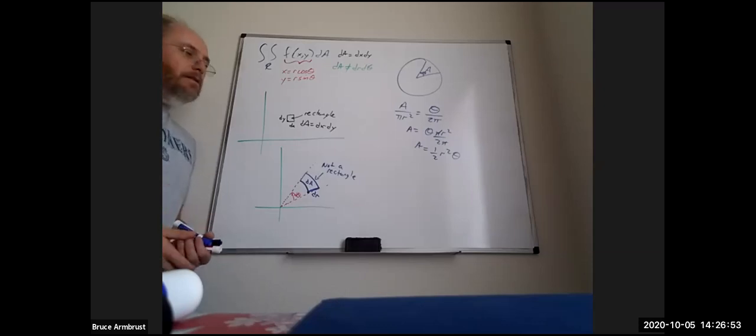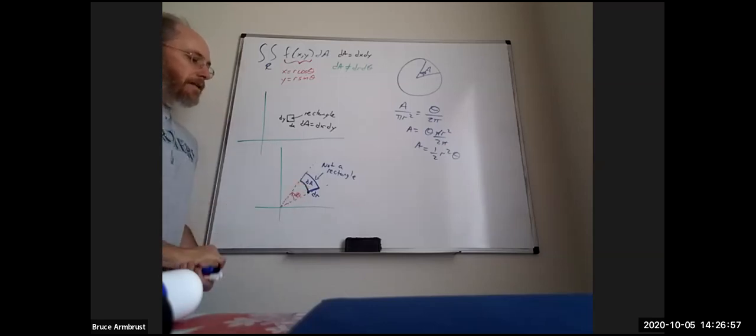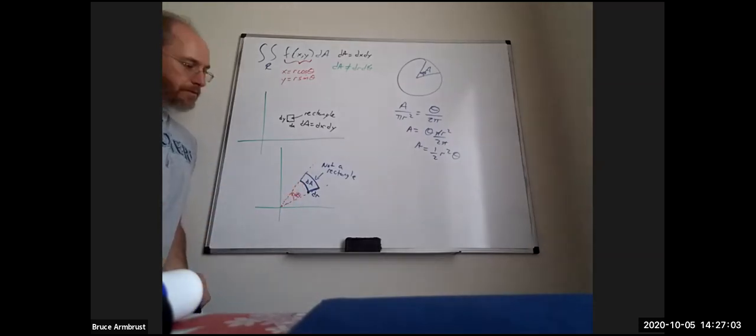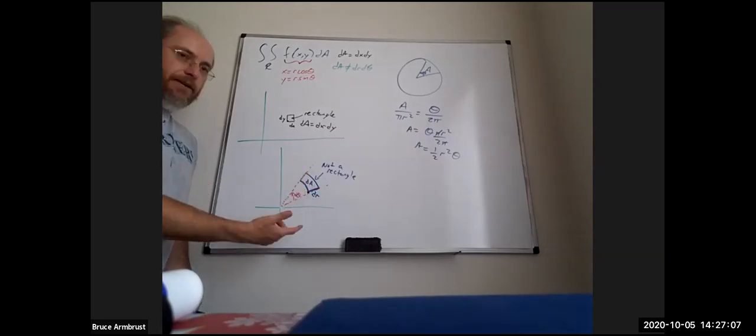So that's the area of a sector of a circle. To find this dA, we take the bigger sector and subtract the smaller one.